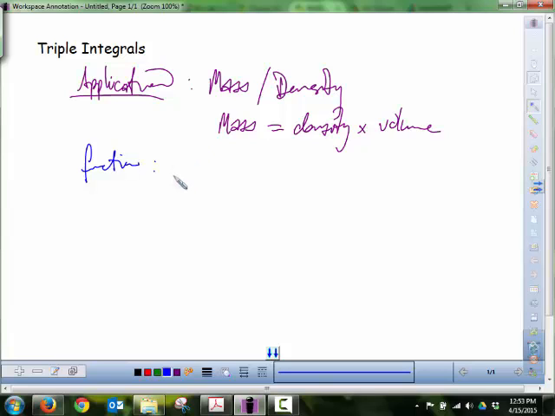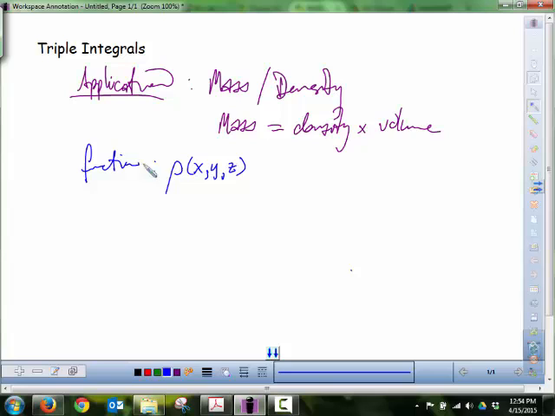You guys didn't like delta. Rho, as a function of position. The density of a particular solid is dependent on where you are in that solid. Now I'm saying solid because I have to talk about volumes. This is some 3-dimensional solid, not just surfaces on the outside, but a solid that's actually filled in inside as well.